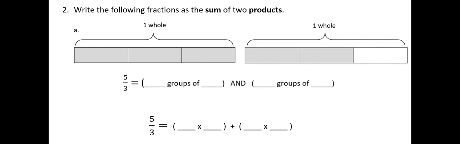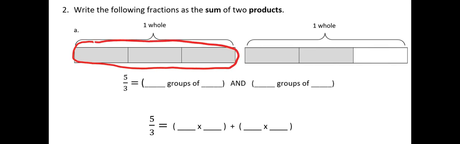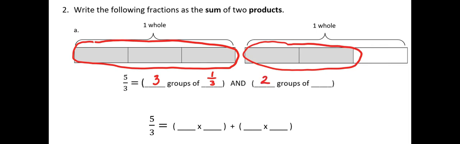The first piece I'm going to look at is what makes up that one whole. Well, the one whole is made up of 3 groups, and each group is 1/3, since the whole has been divided into 3 pieces. The second piece is made up of 2 groups, and each group is also 1/3.